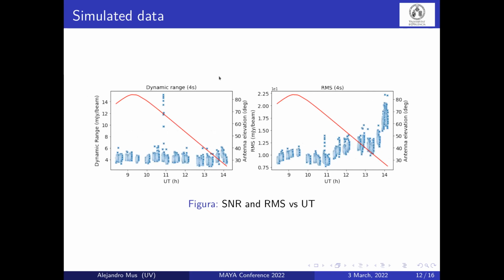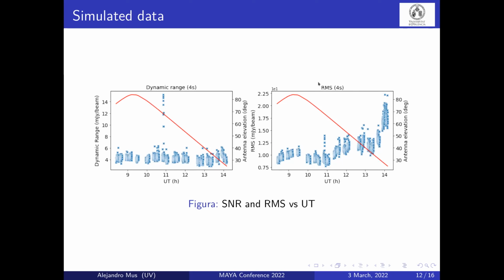In this example, in the left panel, you see the dynamic range versus the UT, and in red, or continuous line, again, the antenna elevations. Around 11, we see a peak, an excursion. Because of time limitations, I don't show you more statistics, but if we check both conditions, with an integration time of 12 seconds, this peak is still there.